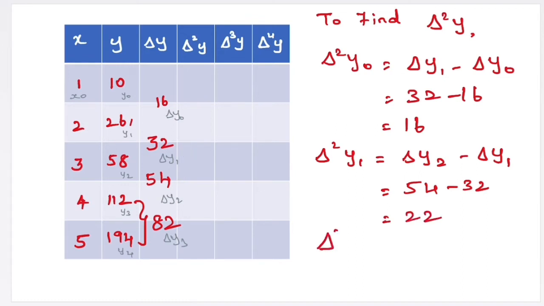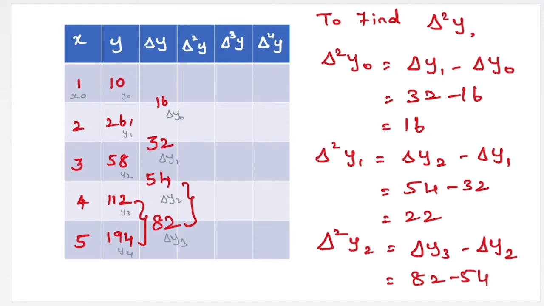Next, del square y2 is equal to del y3 minus del y2. So the difference between these two, which is equal to 82 minus 54, which is equal to 28.